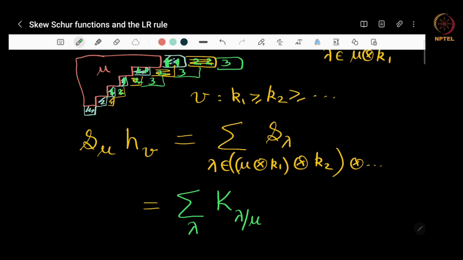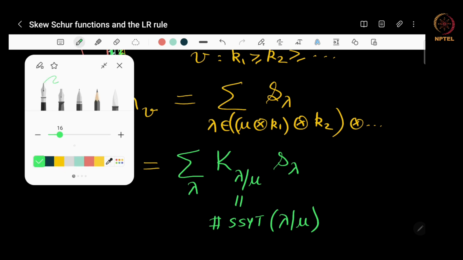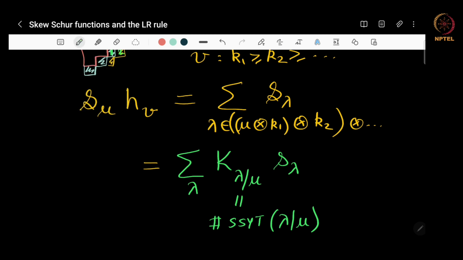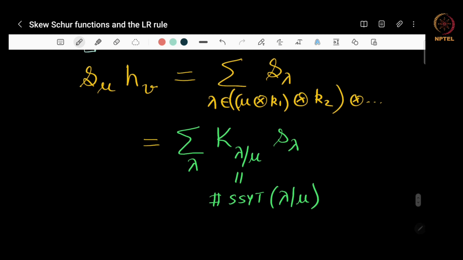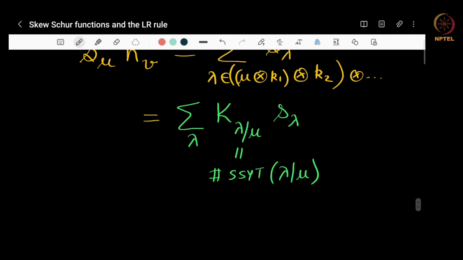You are not allowed to fill the mu. The outer shape minus the mu. Okay, that times S lambda, where this is nothing but the number of semi-standard Young tableau of shape lambda minus mu, or equivalently the number of towers that you get by this process. Okay, so therefore what this implies is that this is exactly k lambda by mu S lambda.